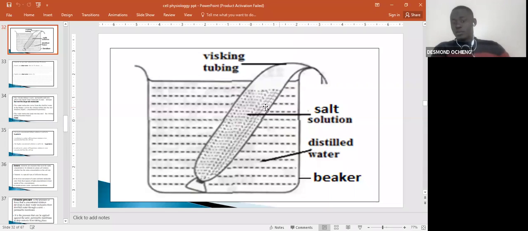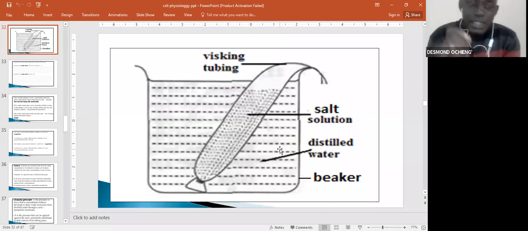So we have the concentrated solution inside the visking tubing and a dilute solution inside the beaker. Now we are going to use this diagram here to explain the osmotic pressure. We have said that the osmotic pressure is the pressure or a force that a concentrated solution develops to draw water molecules from distilled water through or across a semi-permeable membrane.